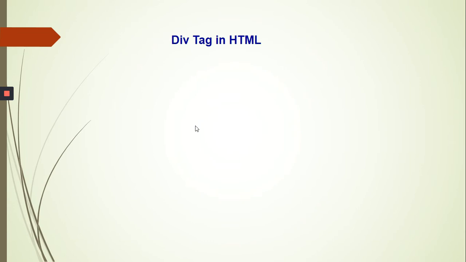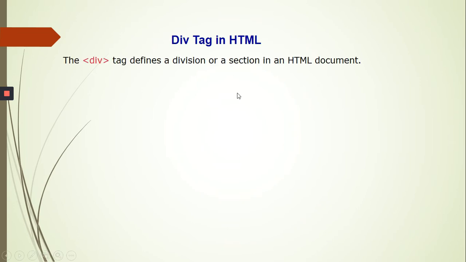Now, what is the difference between them and how to use them? The division div is a paired tag first of all, and it is a block level tag. Block level means whenever you use the div with the div close, the text placed between the div and the div close will be pushed to a new line, right?